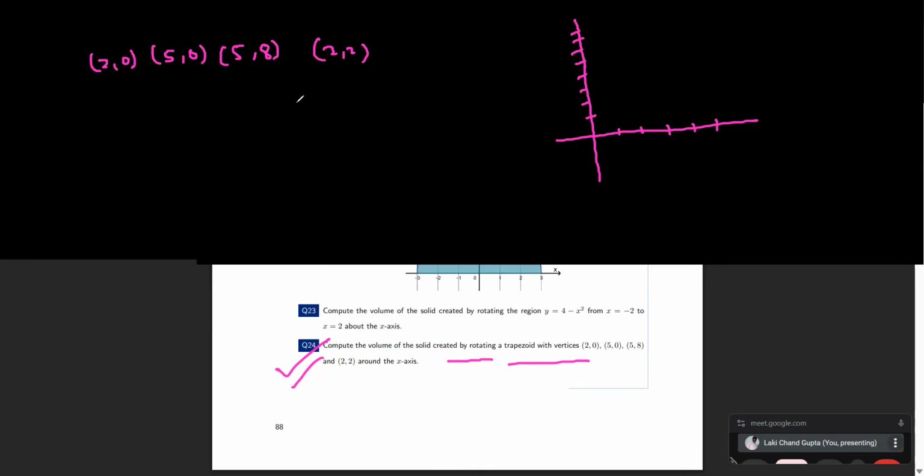So the first coordinate is 2, comma 0. This point, right? Second coordinate is 5, comma 0. Then 5, comma 8. 2, comma 2.